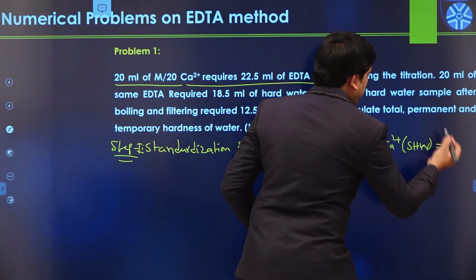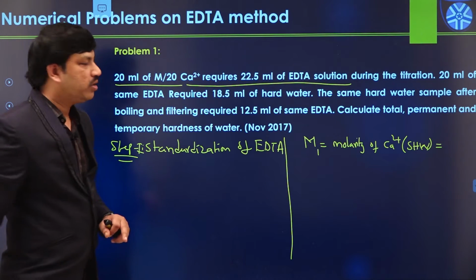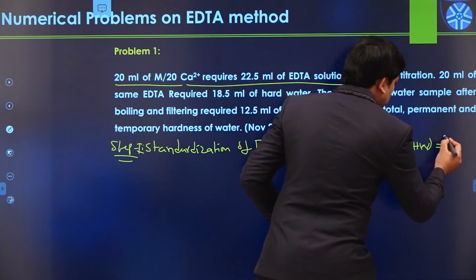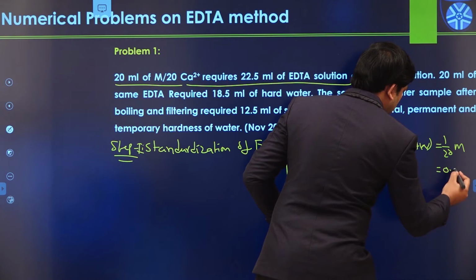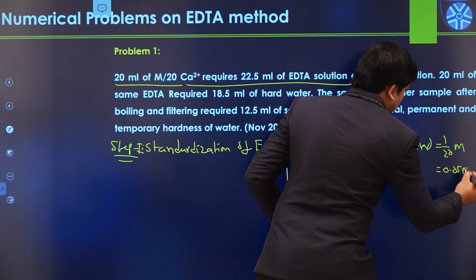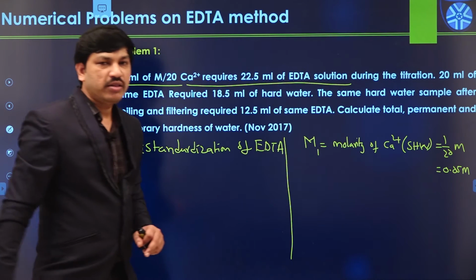How much have they given? M/20, meaning 1/20 molar, that means 0.05 molar. So this is the M1 value they have given.